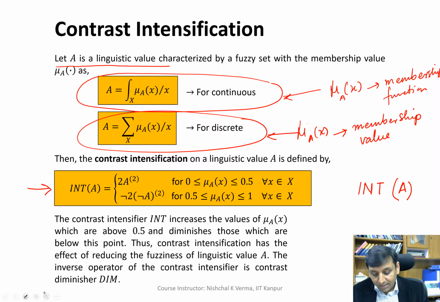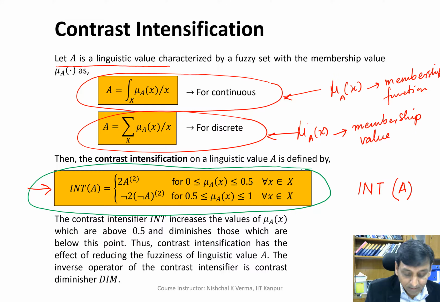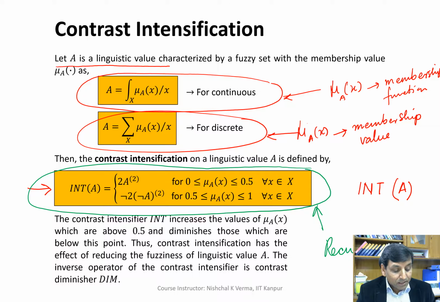So the intensification is a very important concept, and this is used for reducing fuzziness. Whenever we do contrast intensification of any linguistic value which is characterized by a fuzzy set, we essentially reduce the fuzziness present in the fuzzy set.